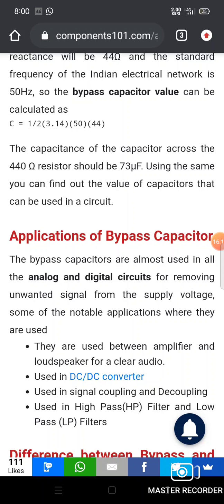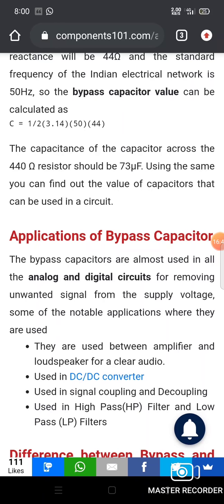Some of the notable applications are considered here. First, they are used between the amplifier and loudspeaker for clear audio. So the bypass capacitor is connected between the amplifier circuit and loudspeaker for clear audio purposes.